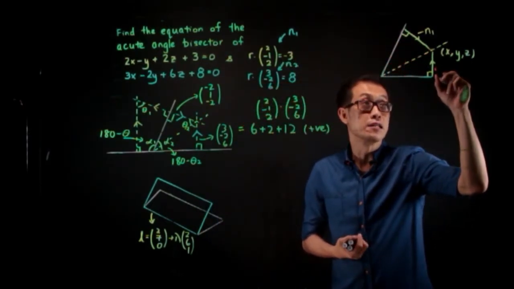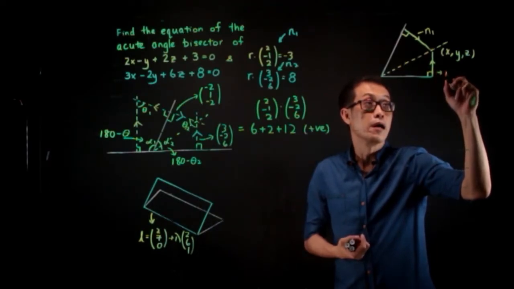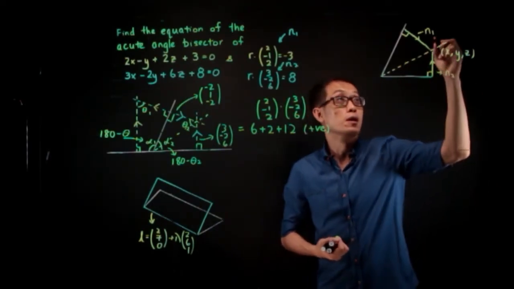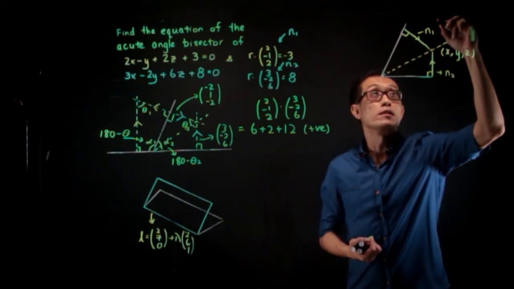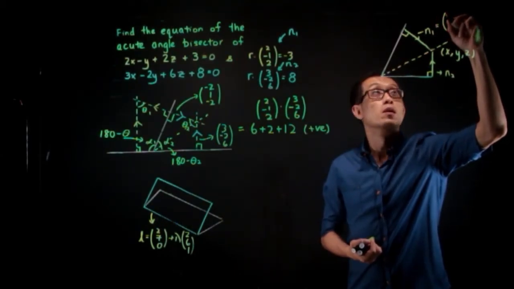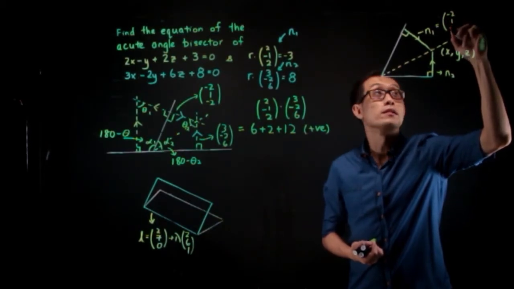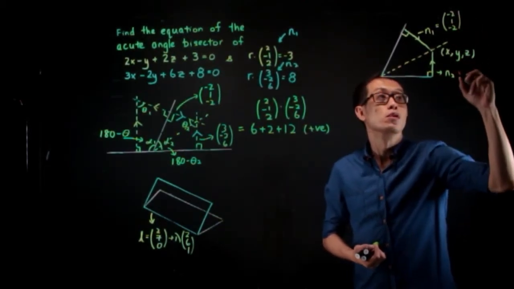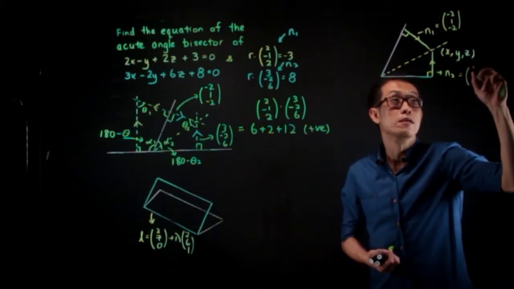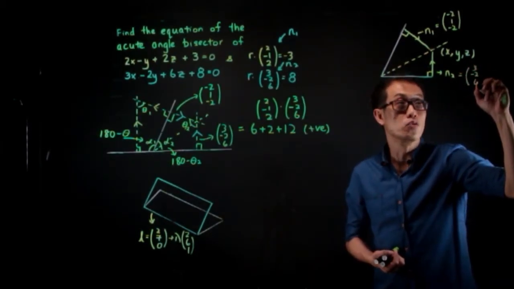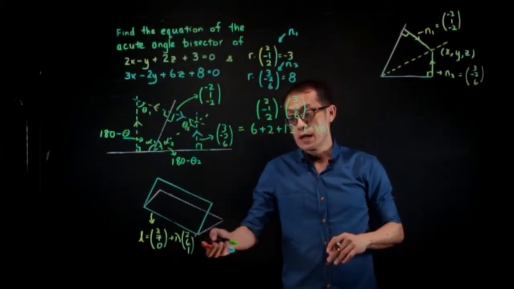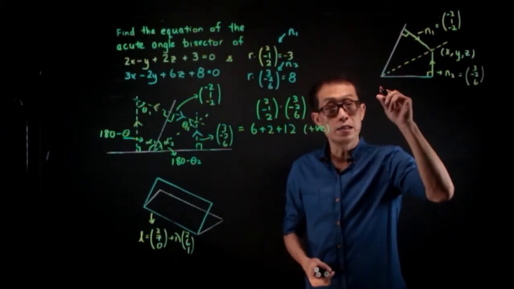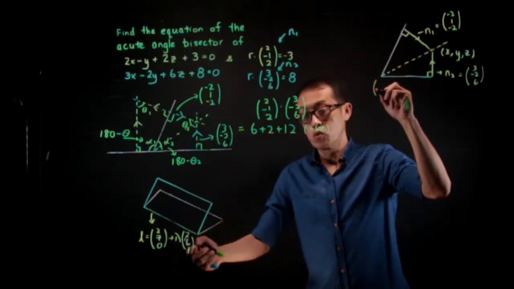And this normal will be n2. Now, minus n1 is (minus 2, 1, minus 2), whereas n2 is (3, minus 2, 6). Now, let this point be (2, 7, 0).